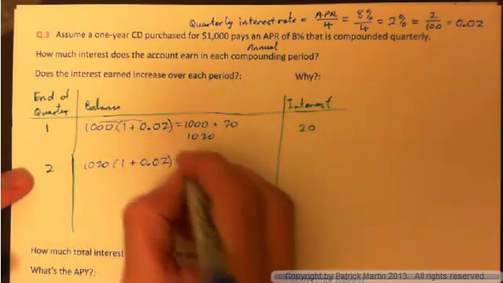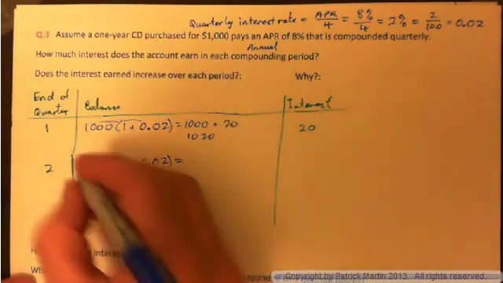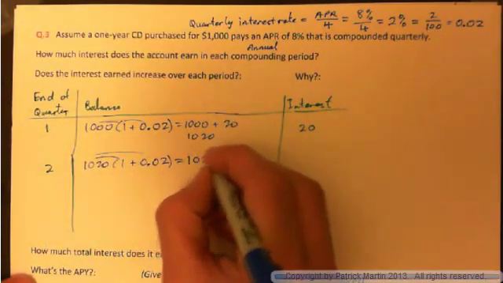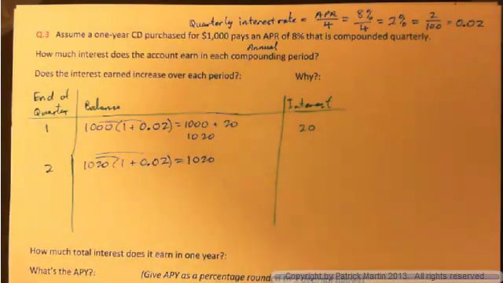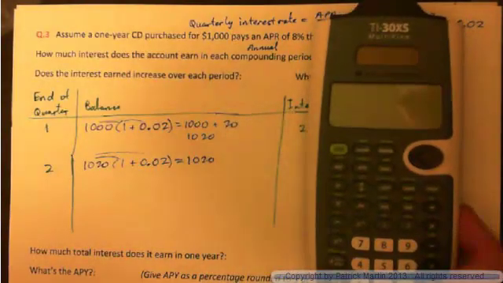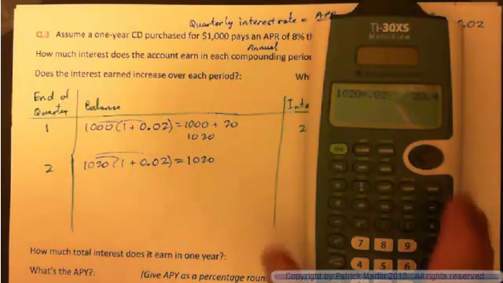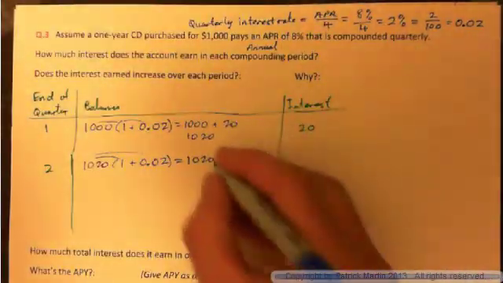Now after quarter 2, we take our $1,020 from quarter 1 and multiply that by 1 plus 0.02. So we have our 1,020 plus 2% of 1,020. What does that make? $20.40.